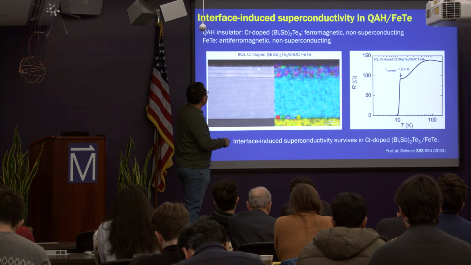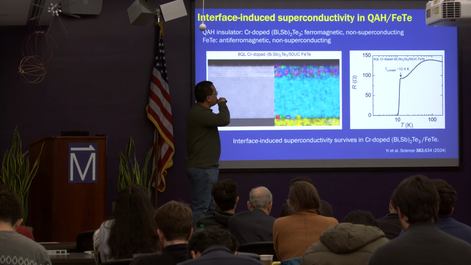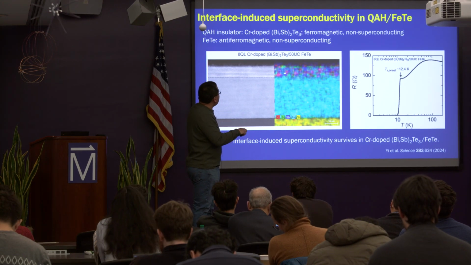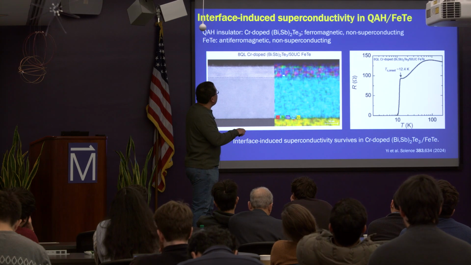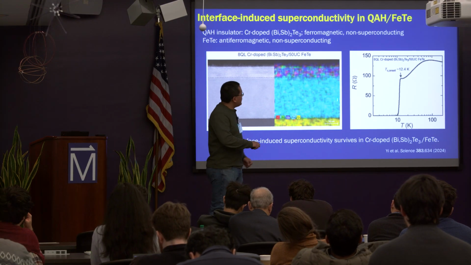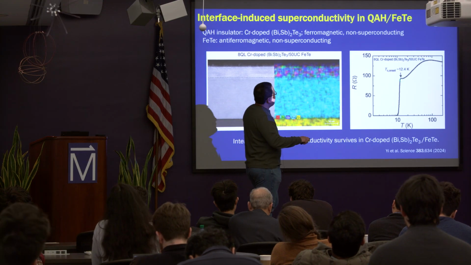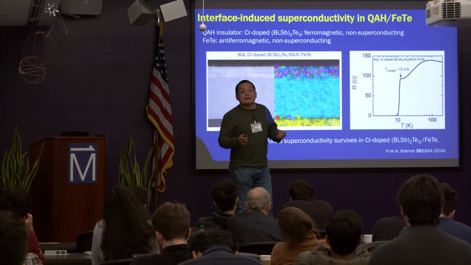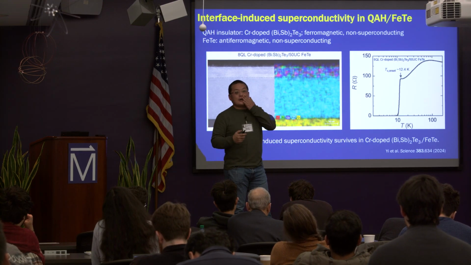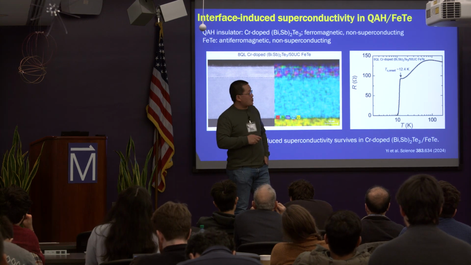We can see the interface is really good, and later I will show you why it is good. The red color here is based on EDS measurement, showing there is chromium doping here. And when we do the transport, we can see the superconductivity still survives in this heterostructure formed from two magnetic materials.